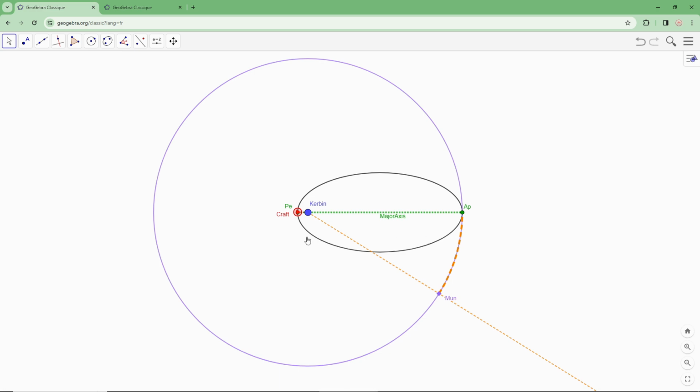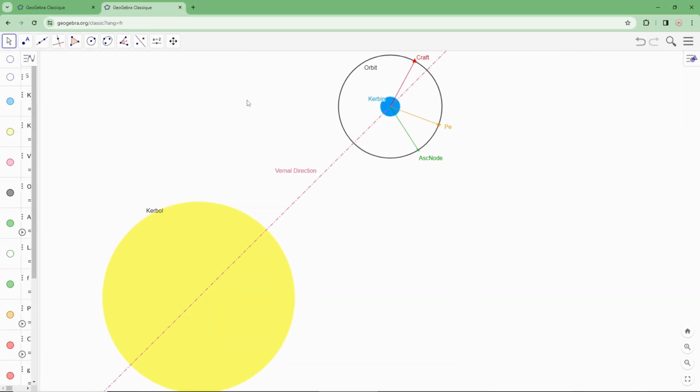It's easy to calculate the angle craft-Kerbin-Moon, because the angle craft-Kerbin-apoapsis is 180 degrees. So if I subtract the angle Moon-Kerbin-apoapsis, I have the angle Moon-Kerbin-craft. The question is how can I use kOS and KSP to calculate those angles?